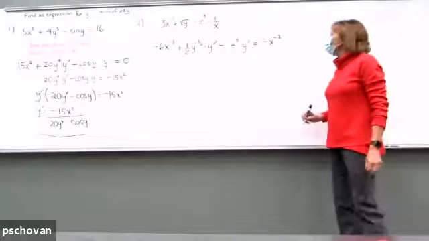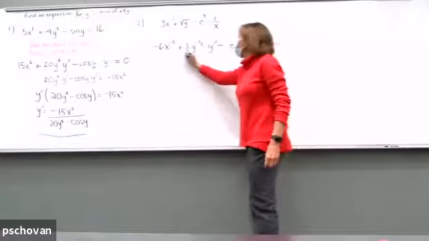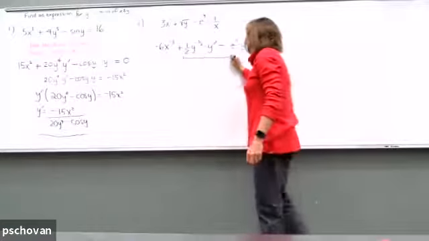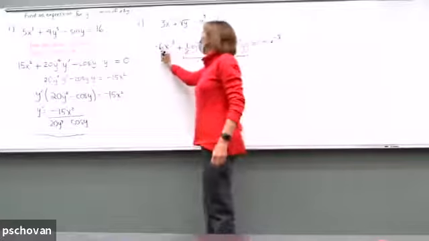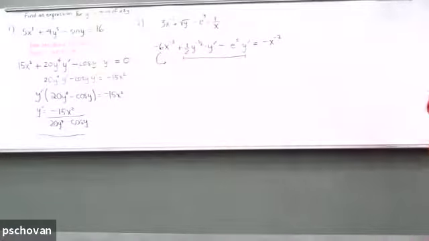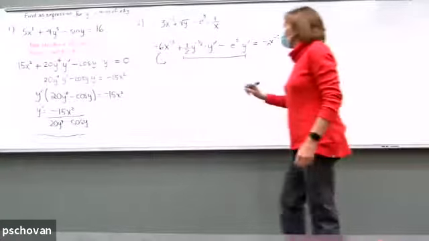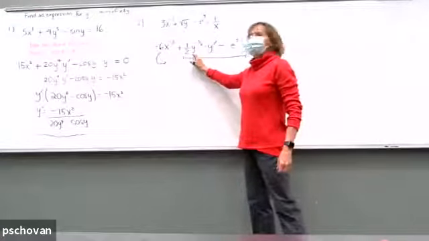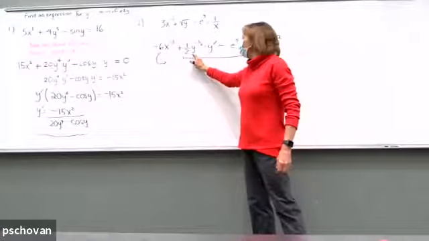Okay, now let's keep these two terms here and add that one to the other side because it doesn't have a y prime on it. So I'm going to rewrite this with the y to the 1/2 on the bottom, which is a square root of y.